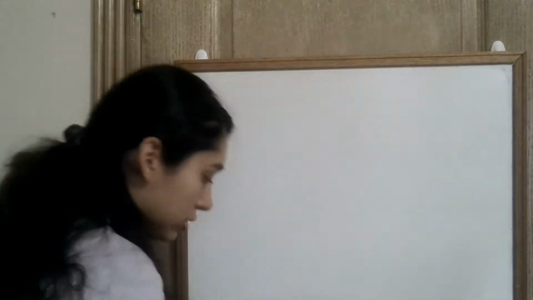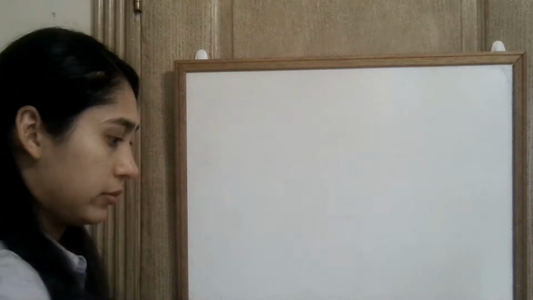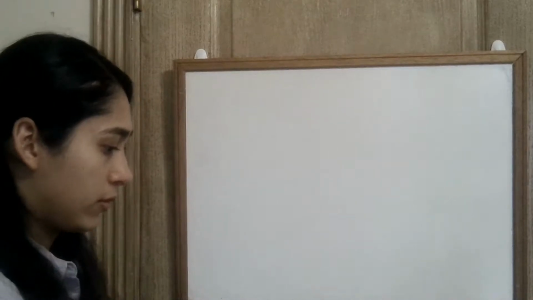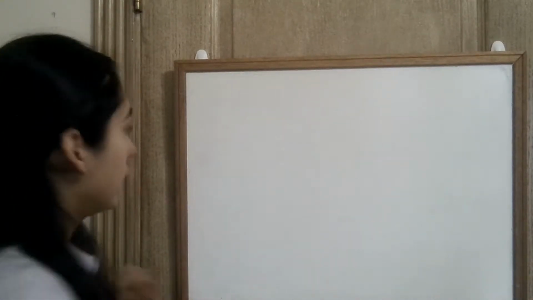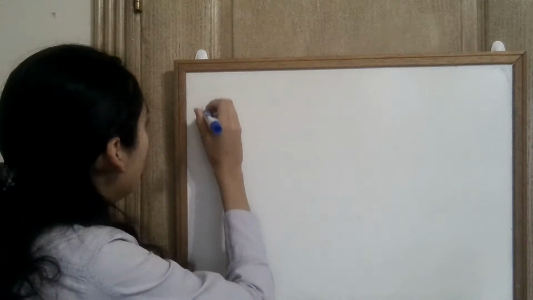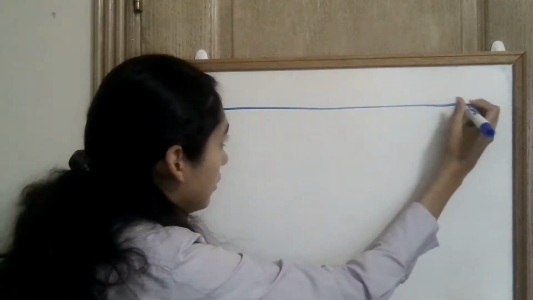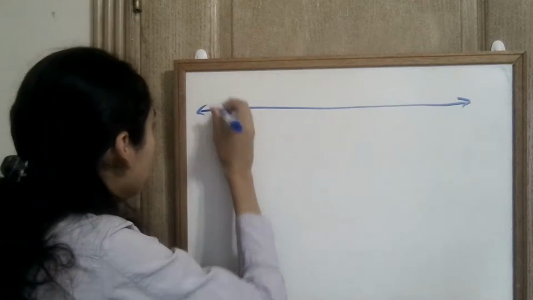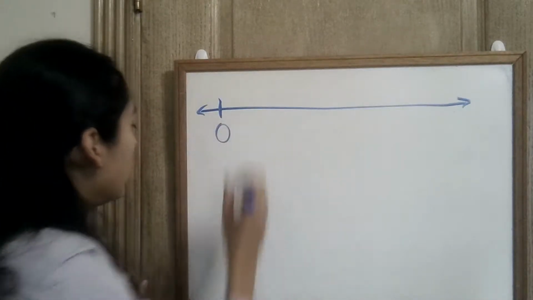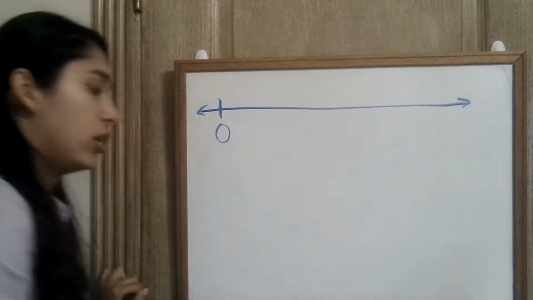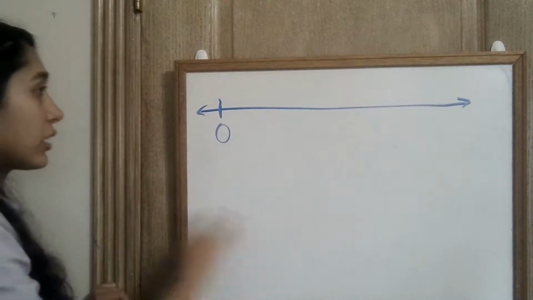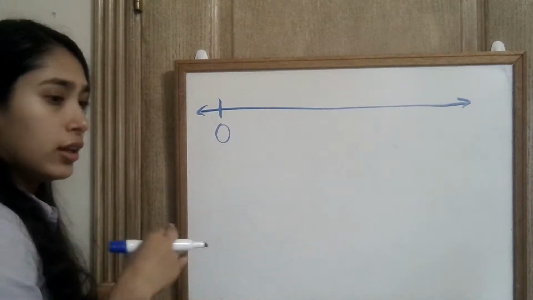Alright, so now we're going to be talking about the number line. We're just going to be talking about positive numbers. I know there's negative numbers, we'll go into that a little later.